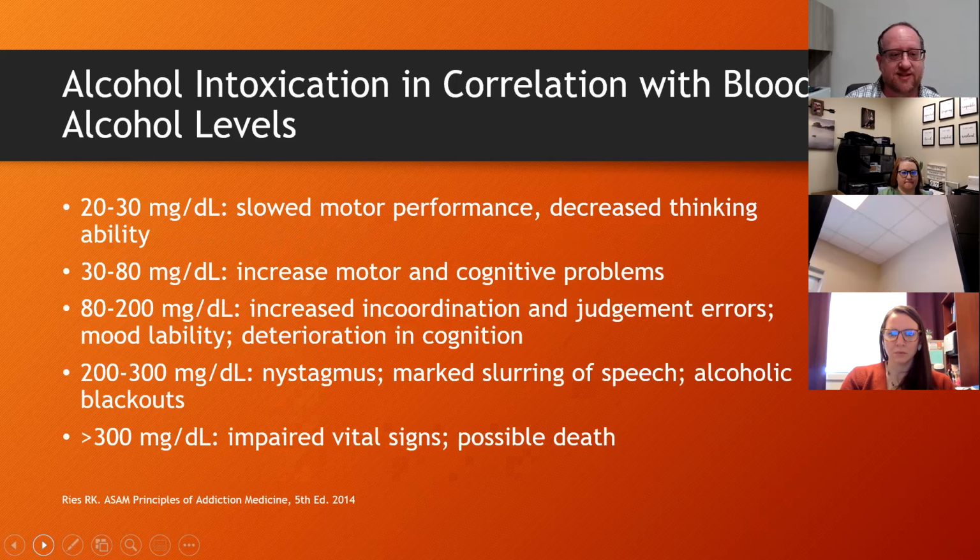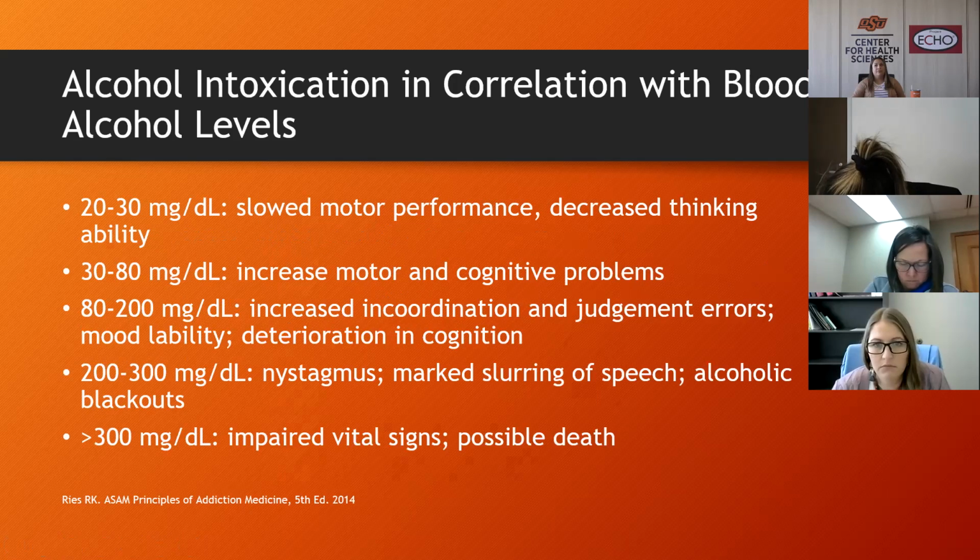I think we saw this last week or a couple weeks ago, I can't recall, when we were looking at laboratories. But these are alcohol intoxication levels that correlate with blood alcohol levels in an individual who is not used to drinking alcohol on a chronic regular basis. So this changes if you're a daily heavy consumer of alcohol.